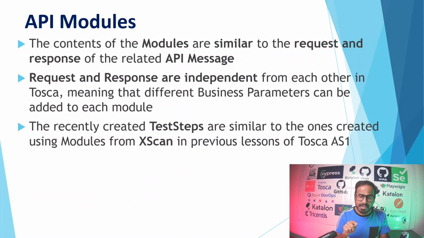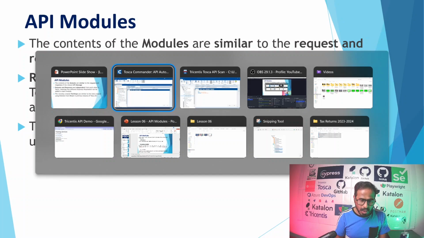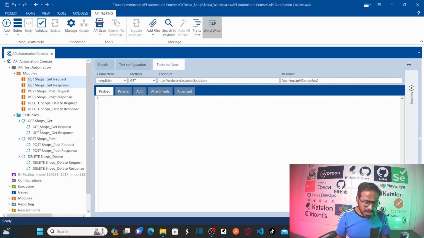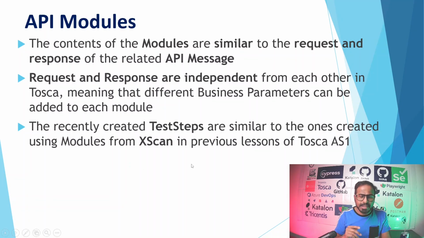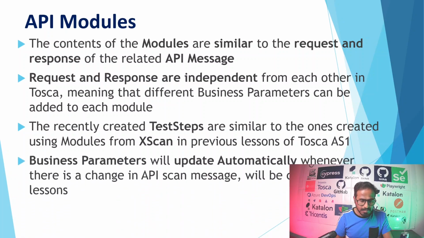The recently created test steps are similar to the ones created using modules from your XScan in our previous lessons of Tosca Automation Specialist Level 1. You see here, the test steps that got created are almost similar to the test steps that we created while automating your UI test cases. And business parameters will update automatically whenever there is a change in the API scan message, which I'm going to cover in our next lessons.